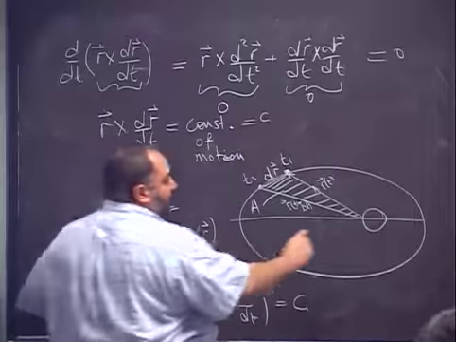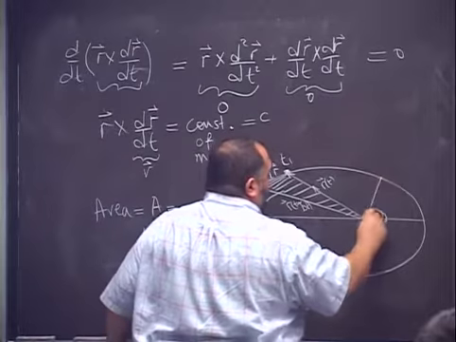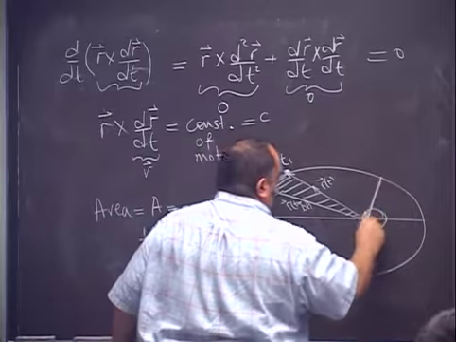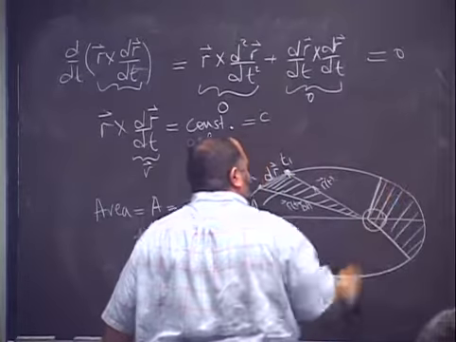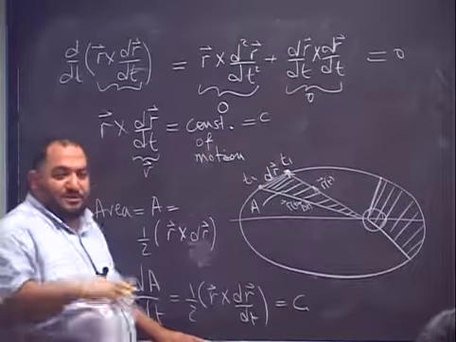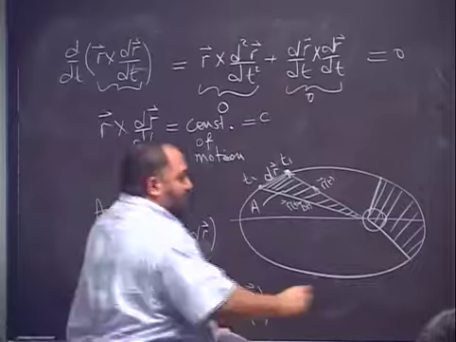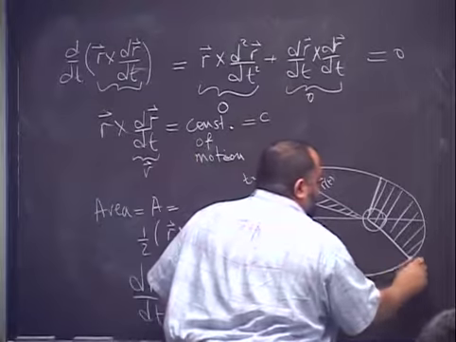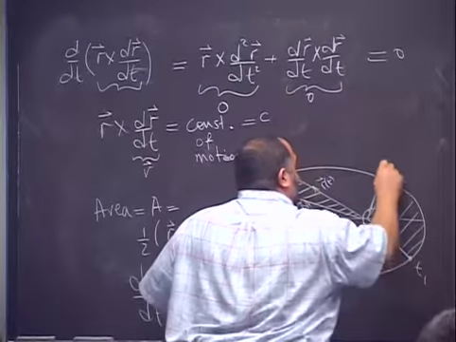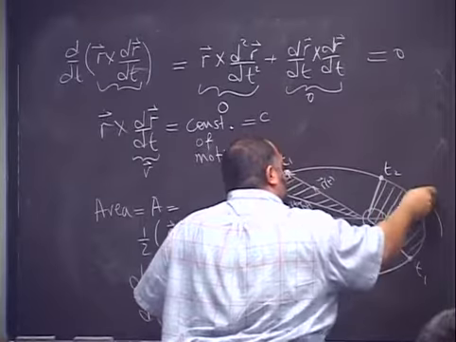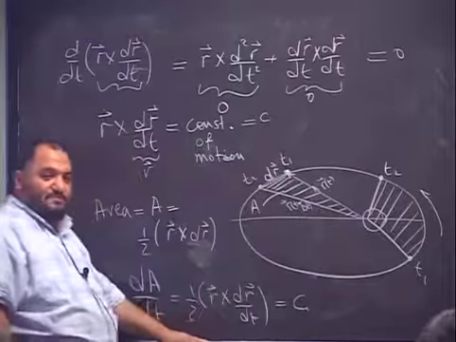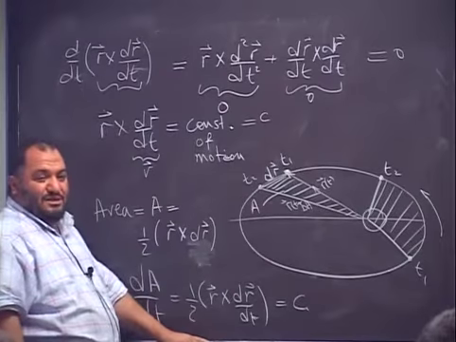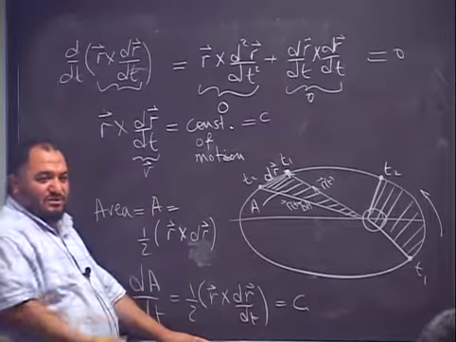So if you go from here to here, and you divide this area by the time it takes the planet to move from this position at T1 to this position at T2, it is the same. Okay, guys? So this is one of the applications.